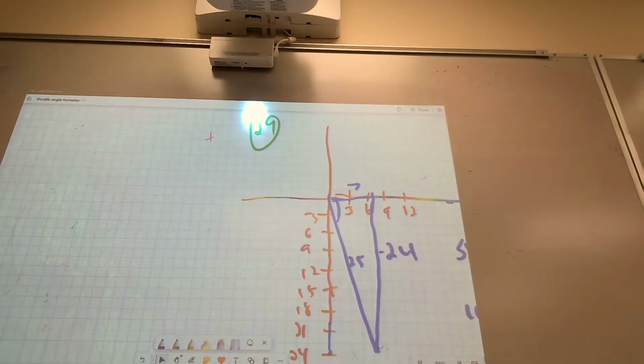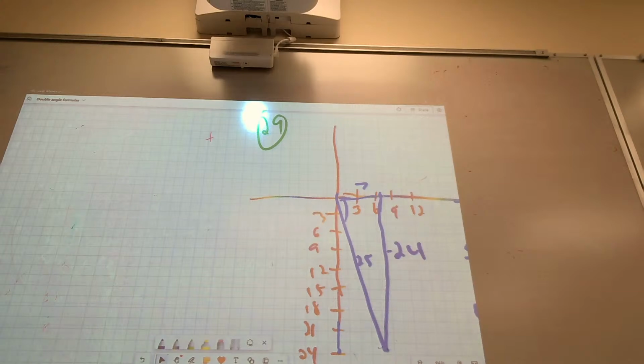29, we have this, it's in the fourth quadrant. Negative 24, 25, 7. See how much faster you've gotten?